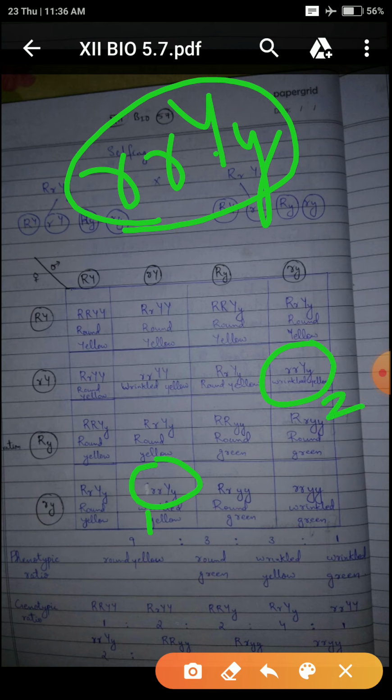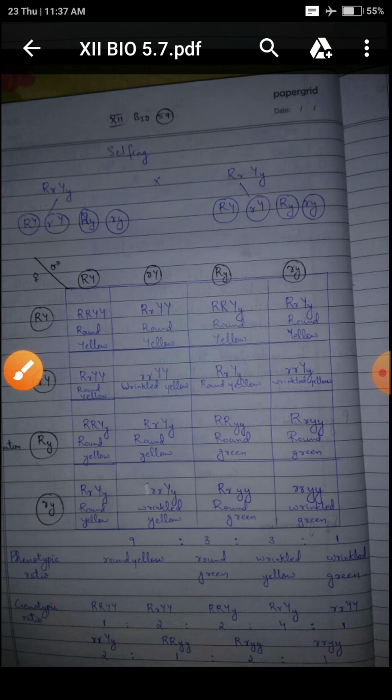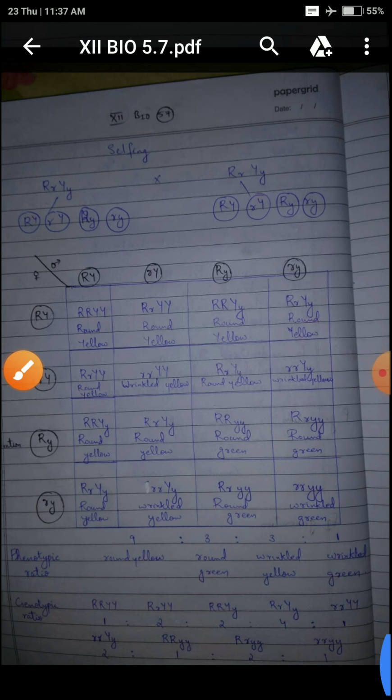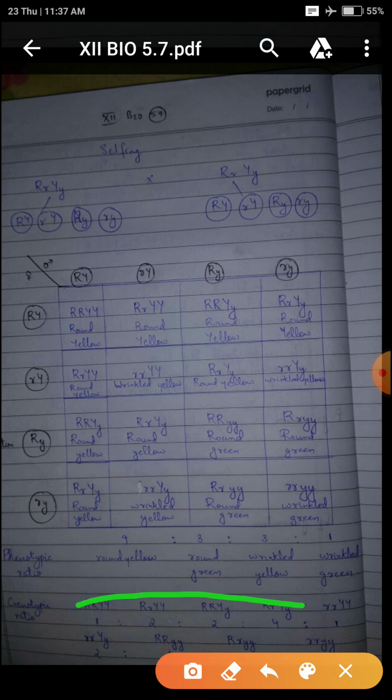So I have this genotype 2 in number. Similarly, you will find all the genotypes, mention each and every one, and find out the ratio. I believe you will get a ratio like this: 1:2:2:4:1:2:1:2:1. You try to find out by yourself.